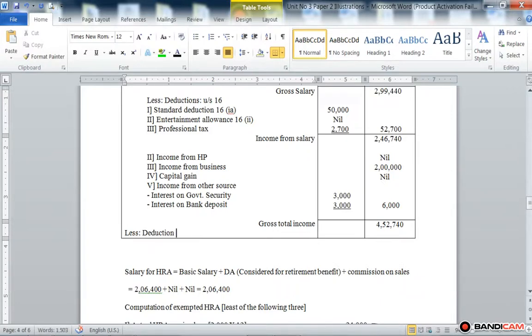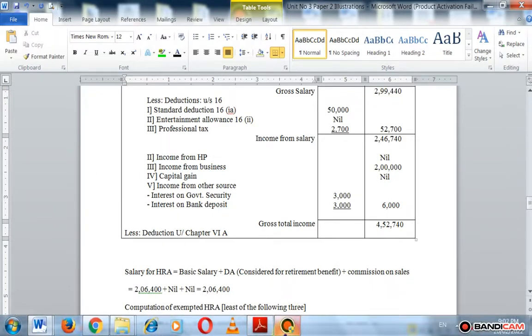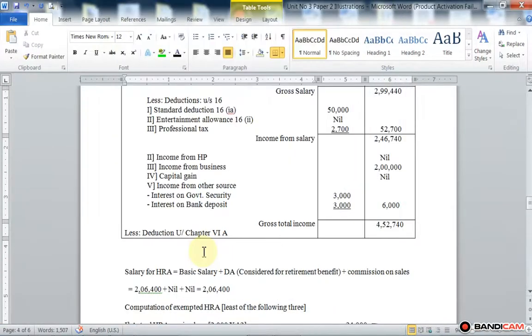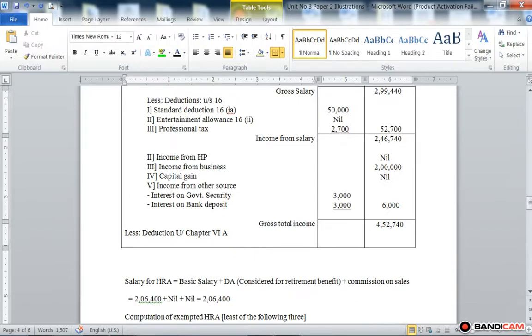under chapter 6A. Deduction under chapter 6A, under sections 80C to 80U.